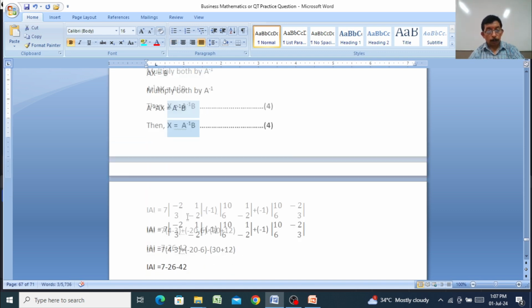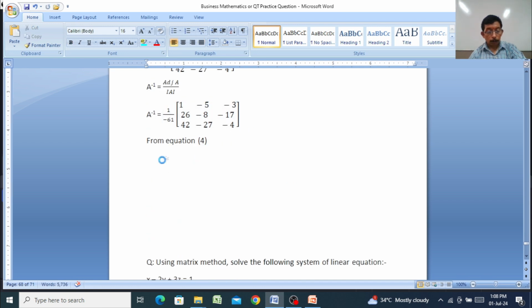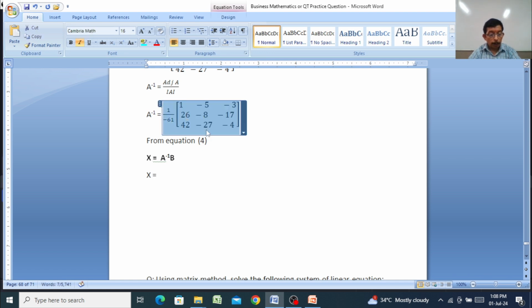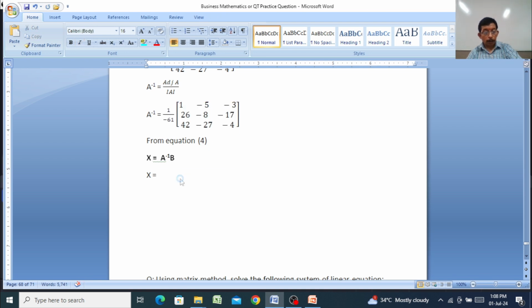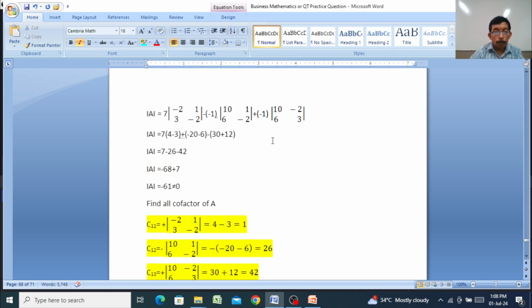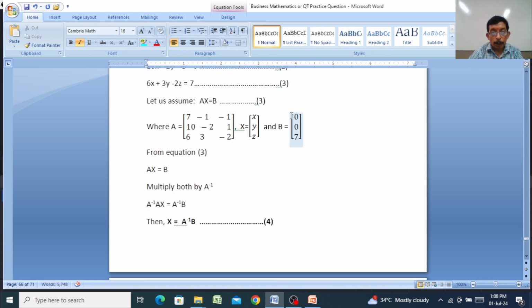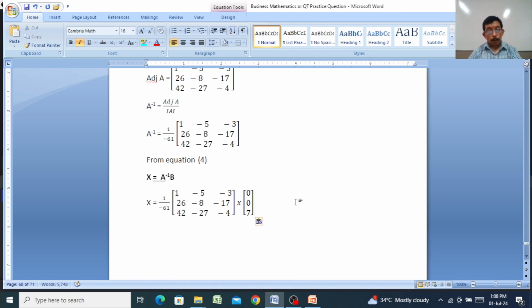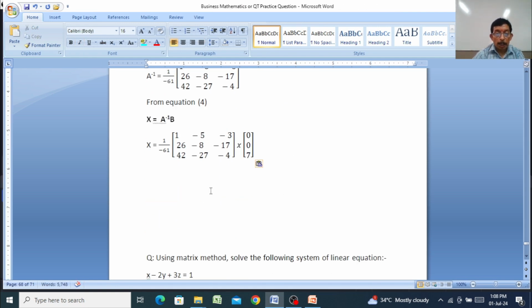Note down x is equal to A inverse B. Note down the value of A inverse into B. Note down the value of matrix B. This is the column matrix of 3 by 1 order. Now simplify the matrix multiplication in the next step.